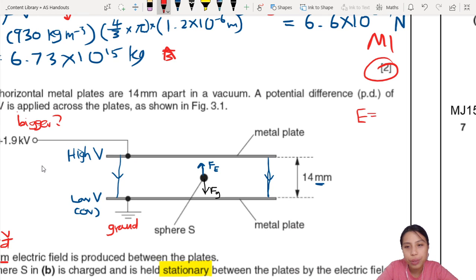Electric field strength is V over D. If you crank up your potential difference, your electric field strength is going to get really big, which means your force is going to get really, really big. So this Fe here is going to change once you change your V.